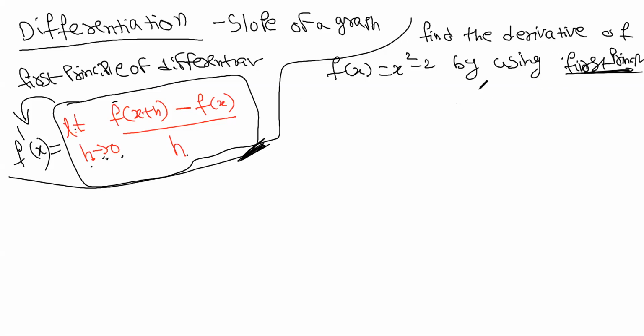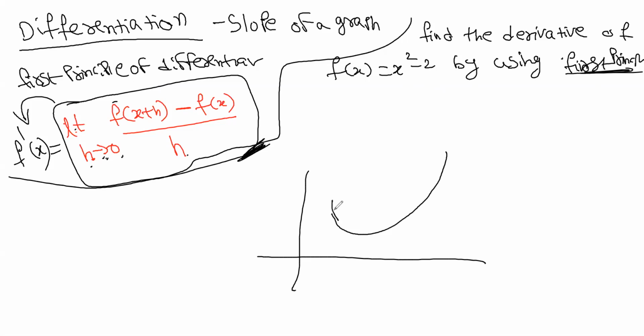So can we find the derivative by the given data? Find the derivative of f of x, where f of x is x square minus 2, by using the first principle. So we consider here it is the graph, right? If I say derivative, it means you have to find the slope. That's one thing we got clear.